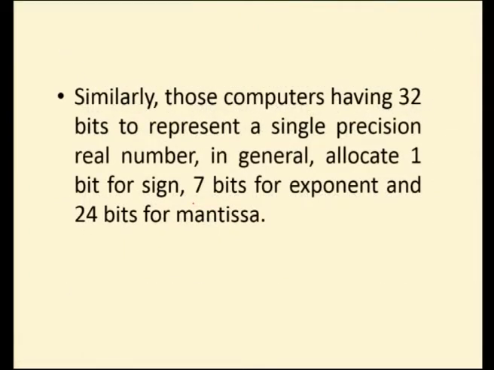Similarly, if the computer has 32 bits to represent a single precision real number, the following are the allocations for sign, exponent and mantissa. Allocate 1 bit for sign; 1 bit is enough because either plus or minus will come. Then 7 bits for exponent and 24 bits for mantissa.